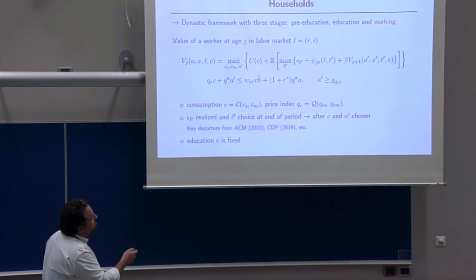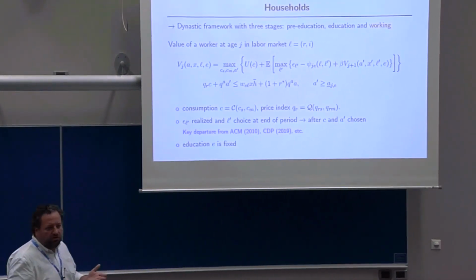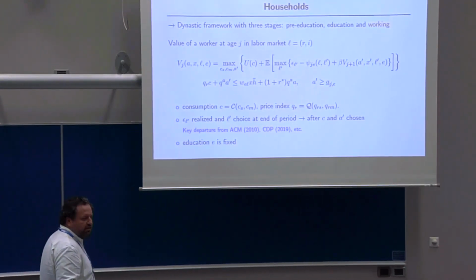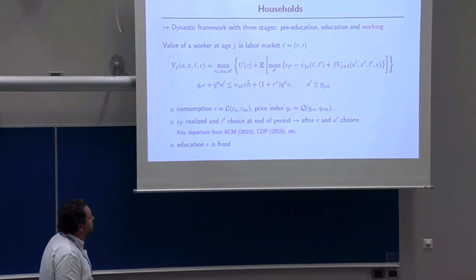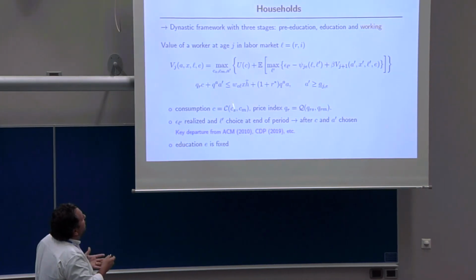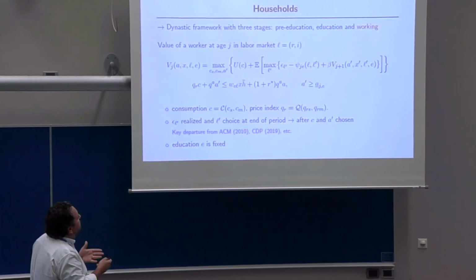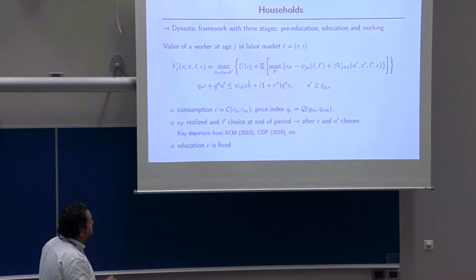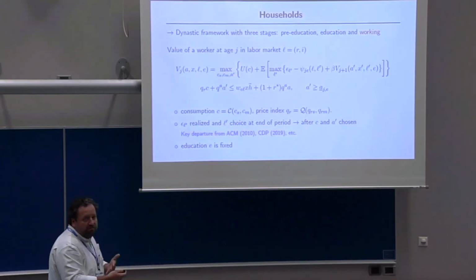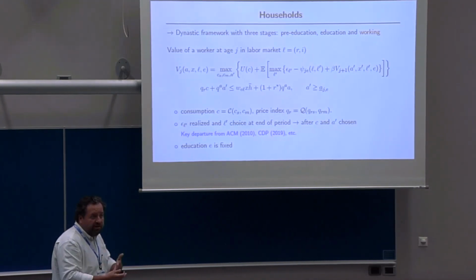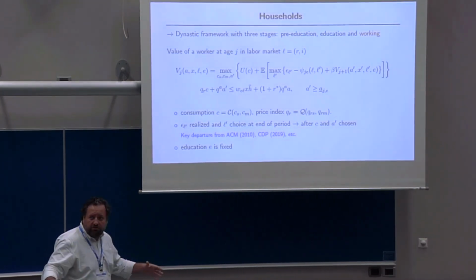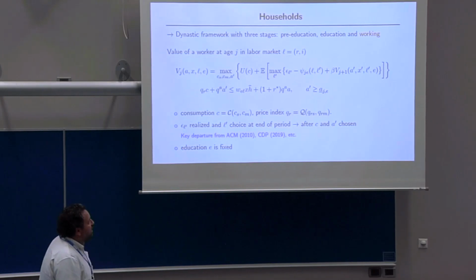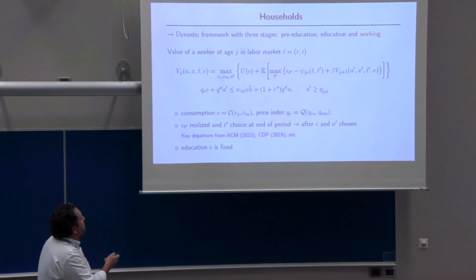Here we're going to have the usual Gumbel type of shock that's going to generate the transitions across local labor markets. And here, basically, the main departure from ACM, CDP, and other works, including Maurice's work, is that you have access to savings and borrowing, and you have idiosyncratic risk, so this is going to generate an endogenous distribution of wealth. And income is not going to be equal to consumption, so there are going to be these differences.